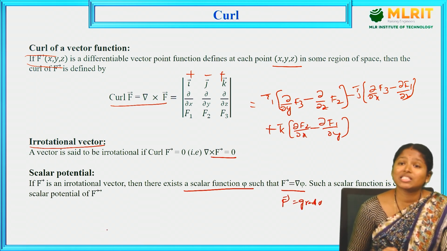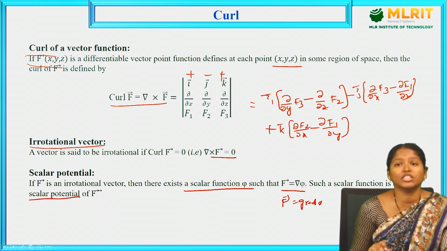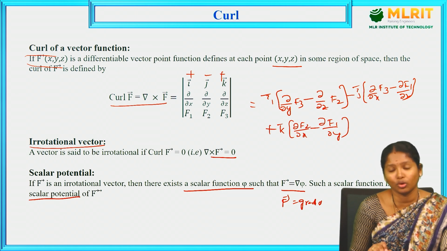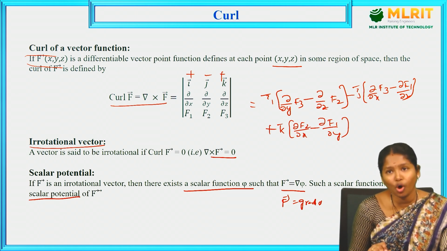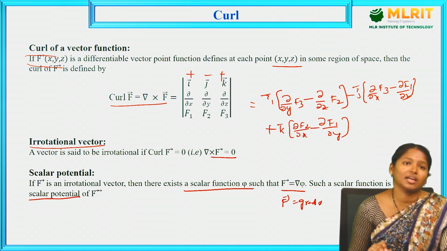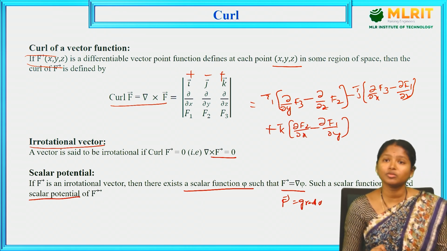Such a scalar point function is called the scalar potential. It is only possible when the given vector is irrotational. If the vector is not irrotational, there does not exist any scalar potential. If you see the examples, we will understand.